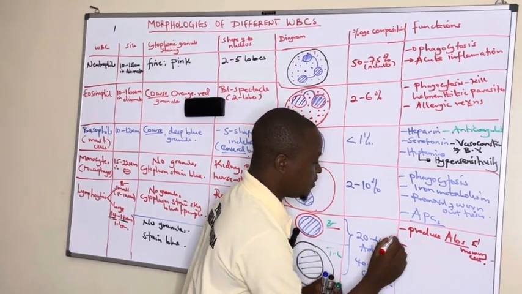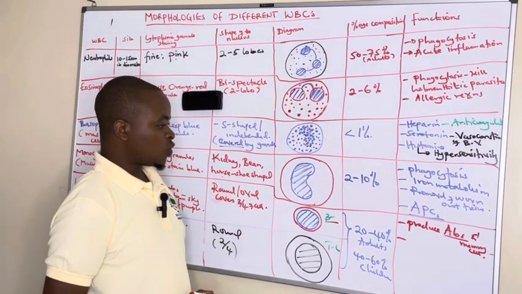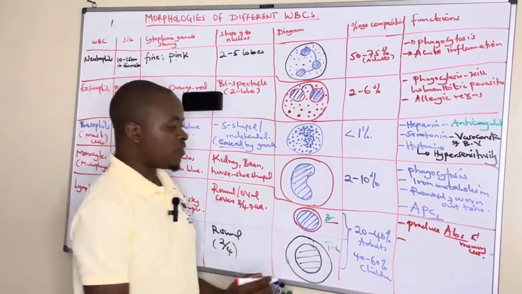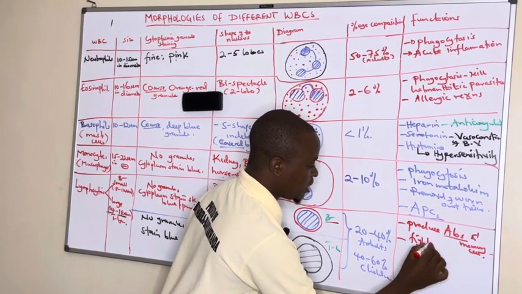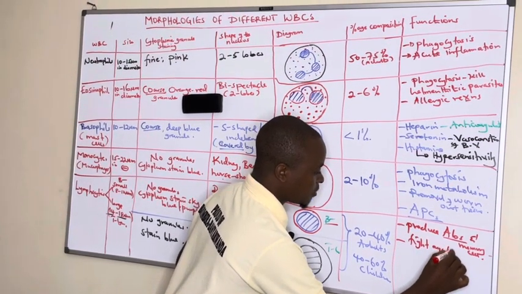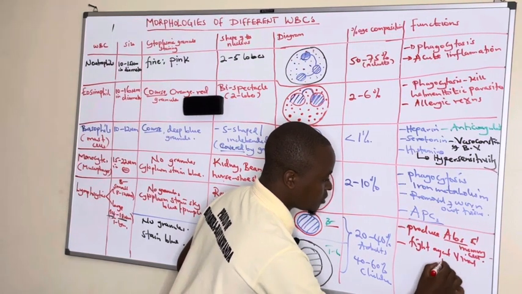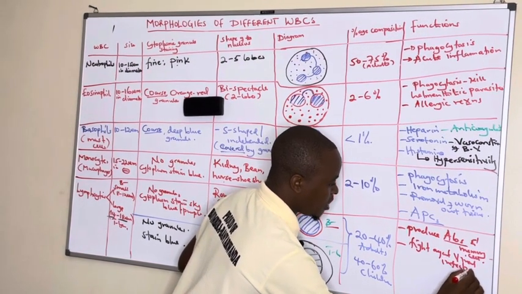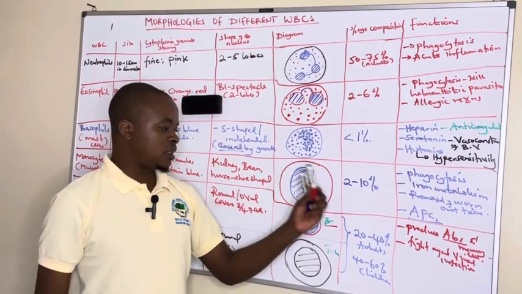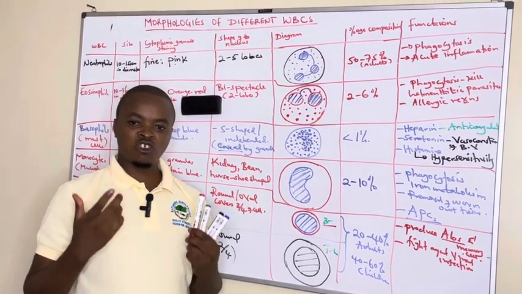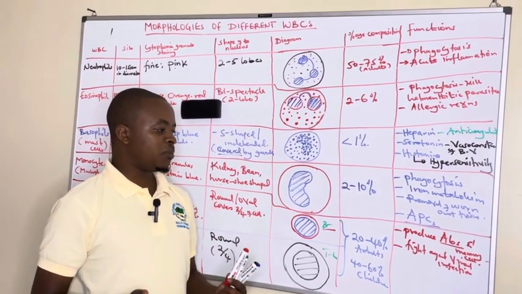Then these lymphocytes also participate in fighting against viral infections. They defend the body against viral infections. Whenever you have a viral infection, we can always see neutrophils when it is acute, but when it becomes chronic, they become depleted.